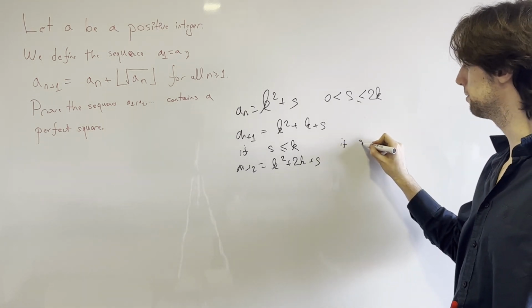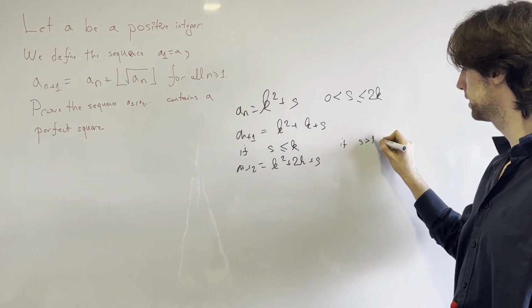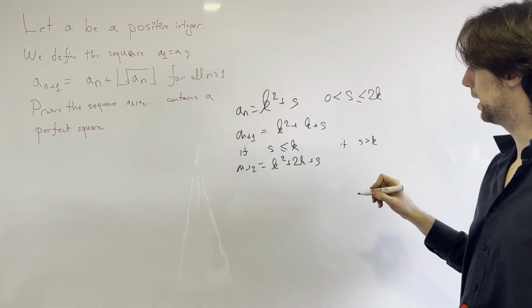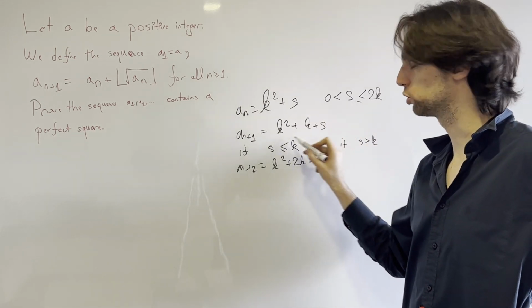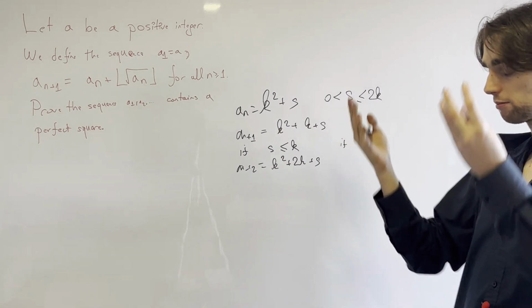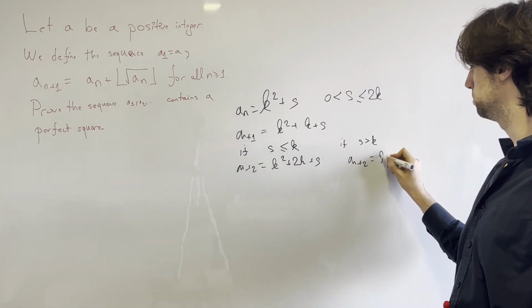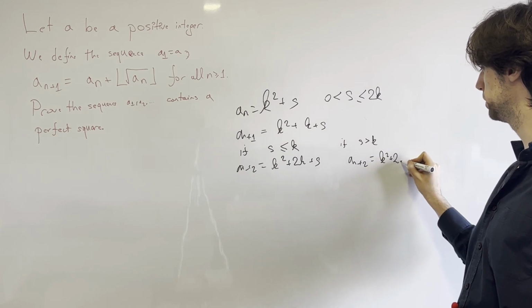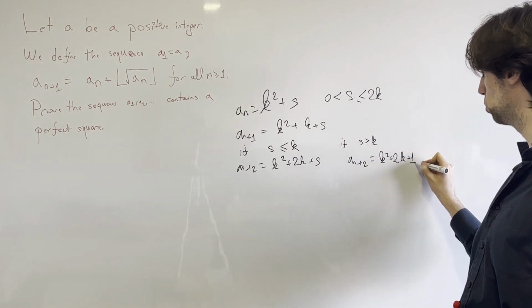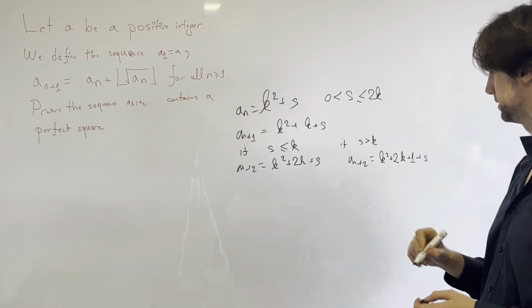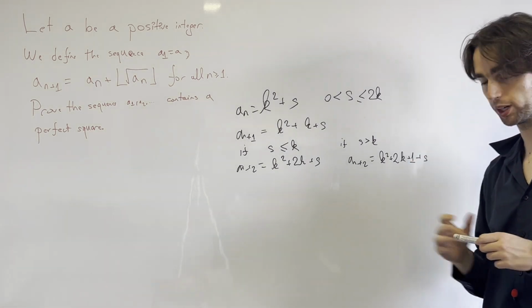And if not, if s was greater than k, I would have that k plus 1 is its floor. And I would have a_{n+2} would be k squared plus 2k plus 1 plus s. Okay?